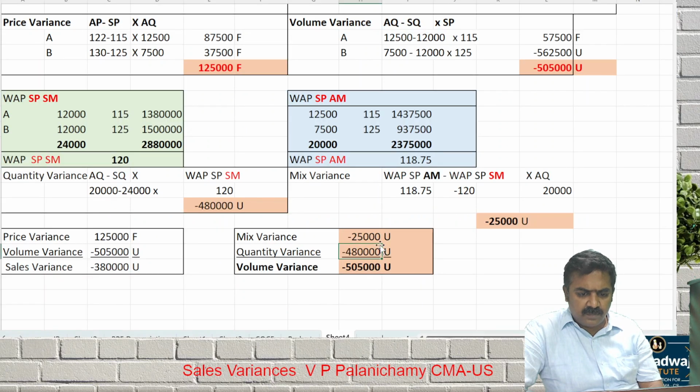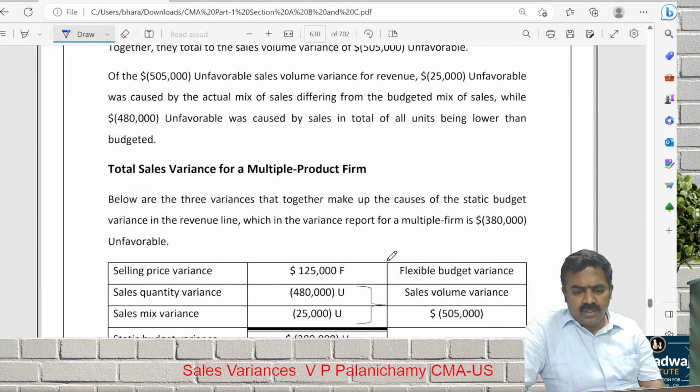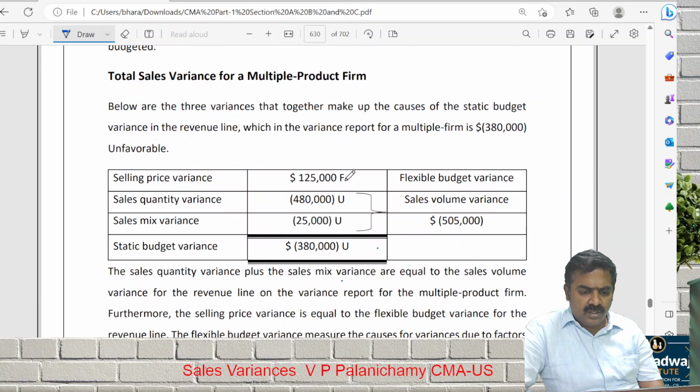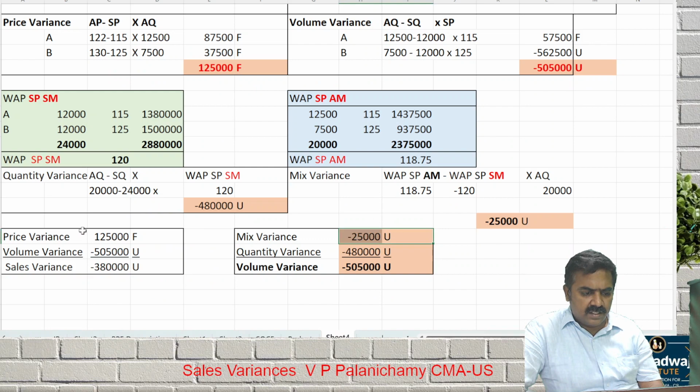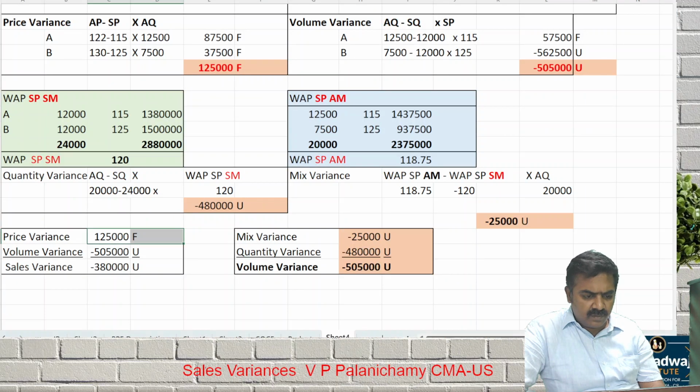This is there in your study material. Please follow the method that we have used. It will be easy for you to work out also. You can find 1,25,000 favorable sales variance. Then 5,05,000 volume variance. We got 5,05,000 volume variance.